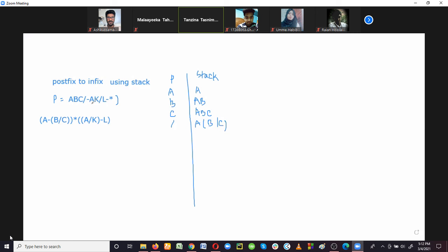Okay. And then the next one is another operator. So this is the topmost operand and this is the second operand. So we can place minus between these two operands, one is A and another is B division C. Okay. And then we got another operand A. So we can place it after this operand.